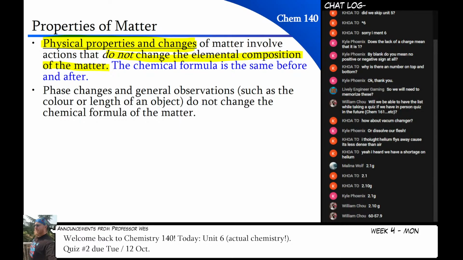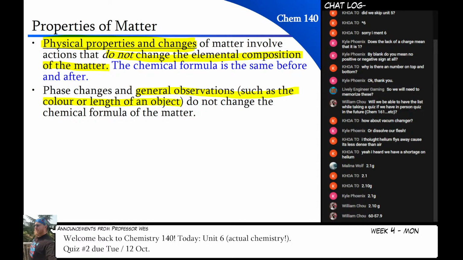What sorts of actions are physical properties? General observations that just note traits about an object, by definition, can't change the formula of matter. If I look at the can of seltzer water and I note that the label is purple, my act of perceiving the can does not change its chemical formula.